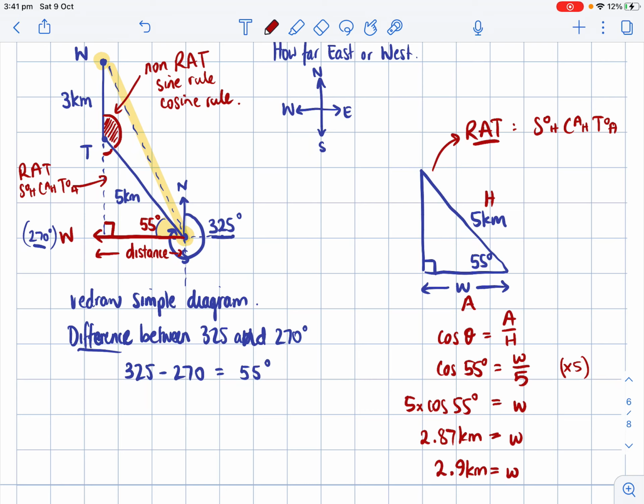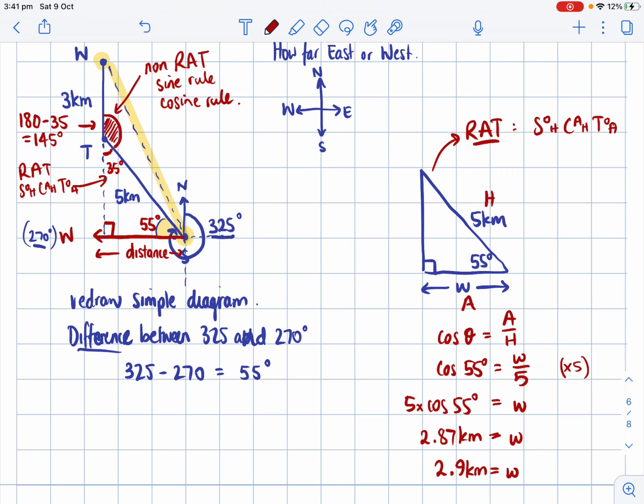So 55 and 90 is 145. So that would have to be 35 degrees up the top there. And I know that a straight angle makes 180 degrees. So that angle here would have to be 180 take away 35, which equals 145 degrees.